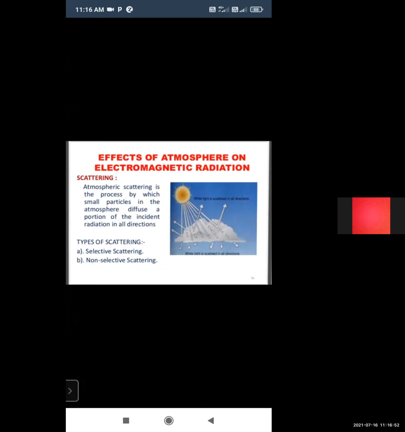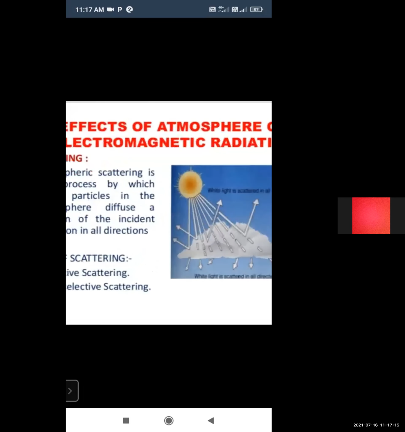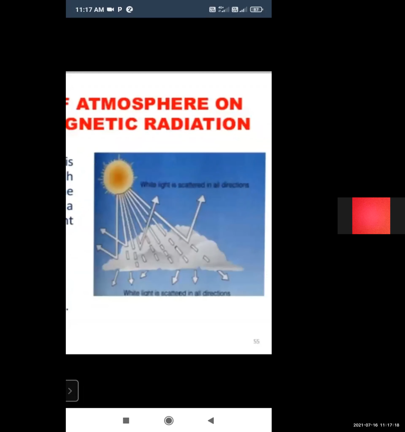Atmospheric scattering is the process by which small particles in the atmosphere diffuse a portion of incident radiation in all directions. Types of scattering are selective scattering and non-selective scattering. See the figure: radiation comes from the sun, and before hitting the target it is scattered in the atmosphere in different directions.